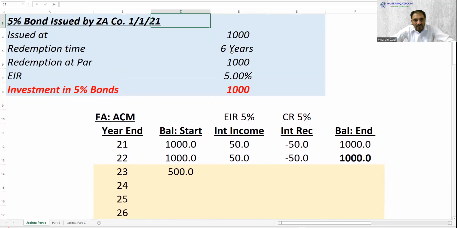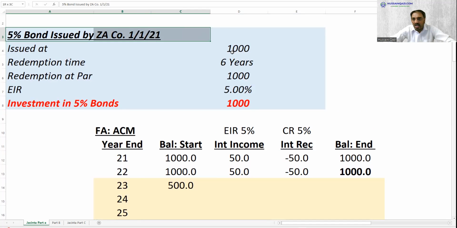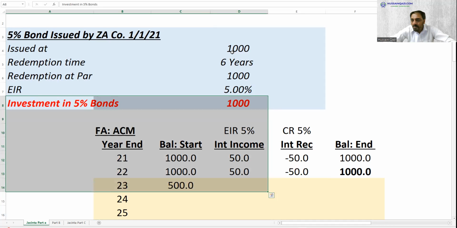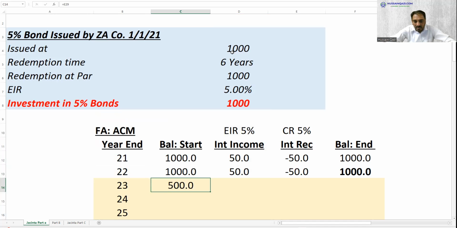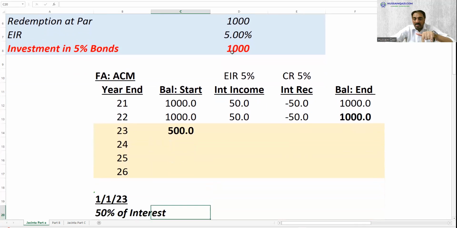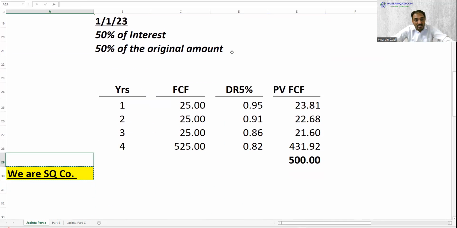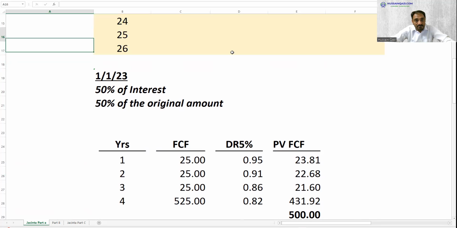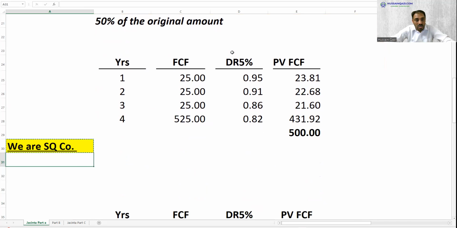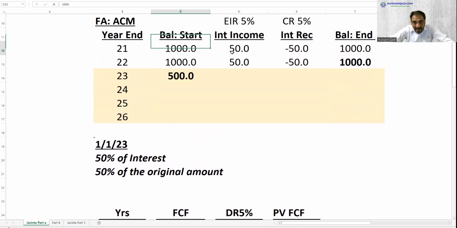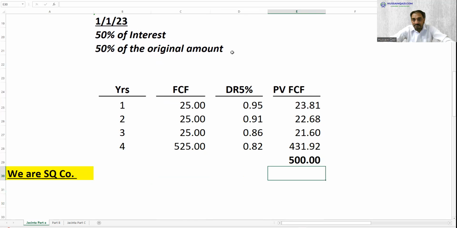Do remember that we are not here to discuss the accounting of ZA company. We are not here to discuss the original investor, except that the value has become 500. But a third party here, for example, SQ company, with the stock market, is going to purchase this impaired financial asset whose value is 500.